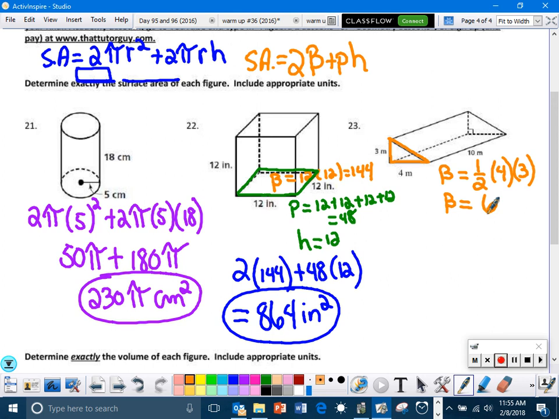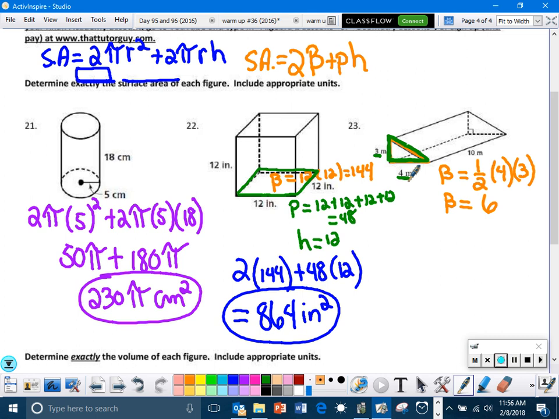Now, the perimeter. Again, we're looking at the triangle. This side is 3, this side is 4. Now, I know Mr. Honeggs or Mr. Shuck or Miss Stroman, I know they taught you this in geometry. That's a special triangle.